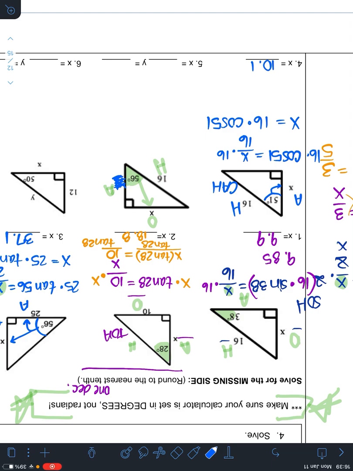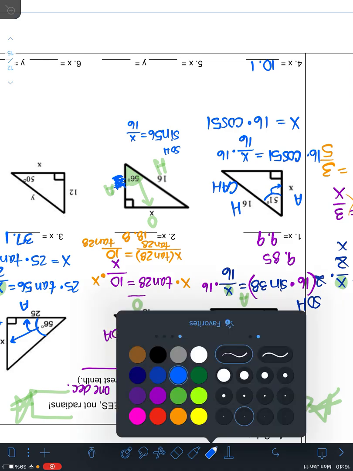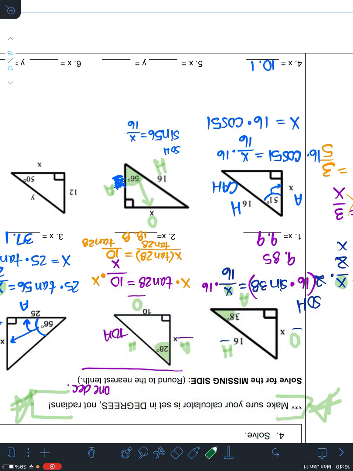If I just look at the X, then I'm going to need to use the opposite side and the hypotenuse. Well, that is sine. So, SOH. I would say the sine of 56 is equal to the opposite side divided by the hypotenuse. Now we like this one because x is on top, and that's always good.